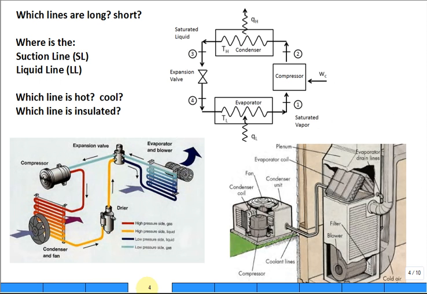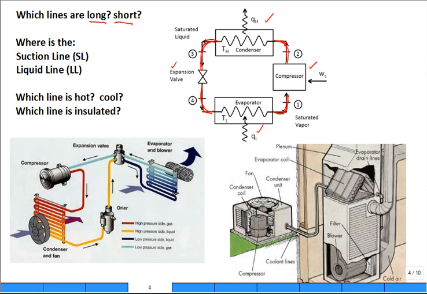So here's an illustration: compressor, condenser, expansion valve, evaporator. These are the lines, like this line, or this line, connecting the components in that line. 4 lines, 2 of them are relatively long in a residential air conditioning application, and 2 are relatively short, true?